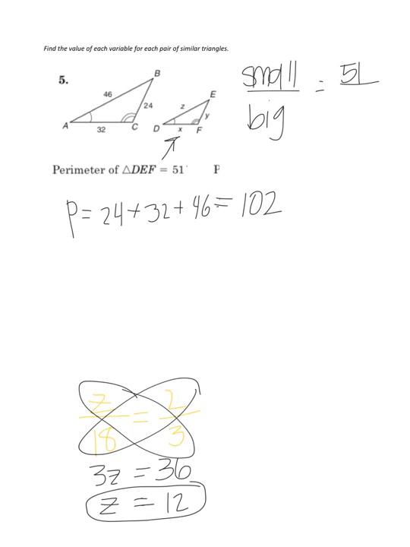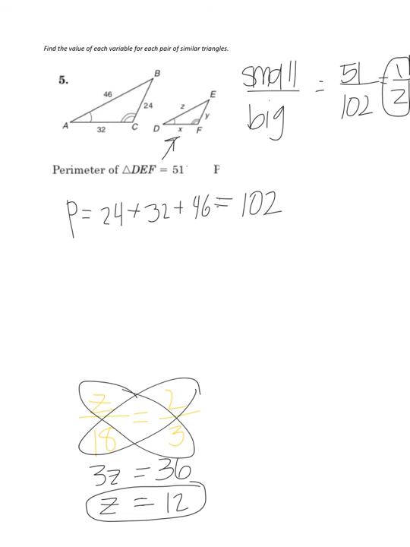The perimeter of the large triangle is 102, we just found that. And you do always want to check to make sure that it doesn't reduce. And it does, it reduces to 1/2. So the correct answer is 1 to 2.